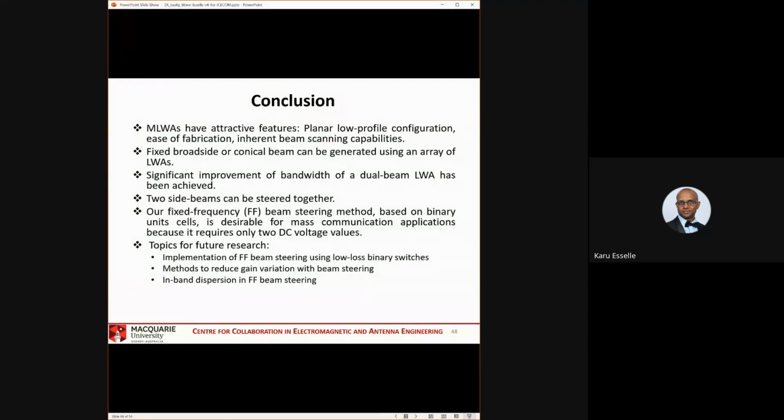Like if you have 100 megahertz or 250 megahertz bandwidth in your channel, instantaneous bandwidth, the beam direction could be different within that band, and that is called in-band dispersion. So there are ways to manage that, but that is possibly not a very well explored area.